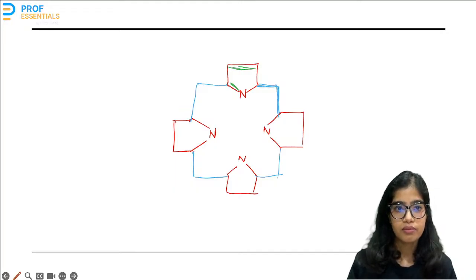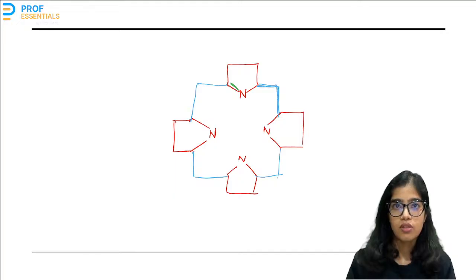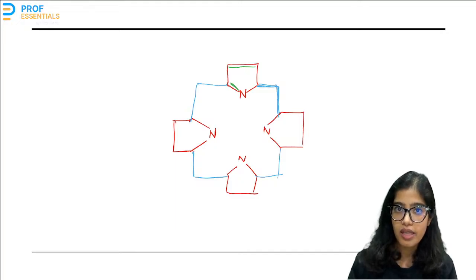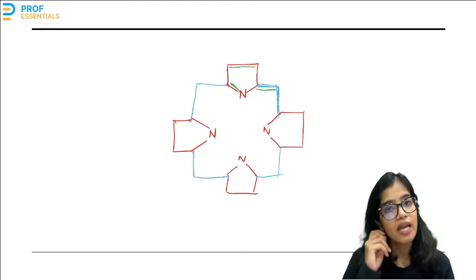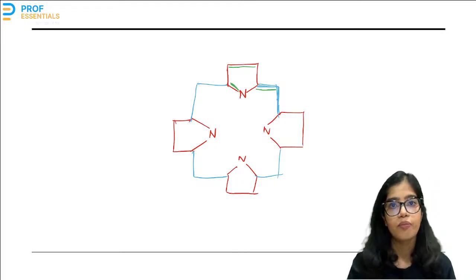Now, so this carbon has a double bond like this. Now this carbon already has a double bond here. This carbon cannot have a double bond here. So the next double bond will be here on the methane bridge. So this methane carbon already has a double bond. Now this one will be single because a methane carbon only has one double bond.